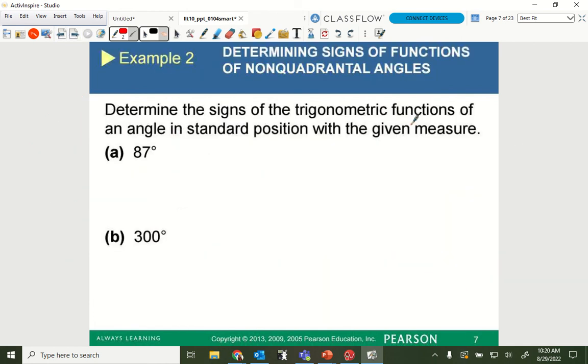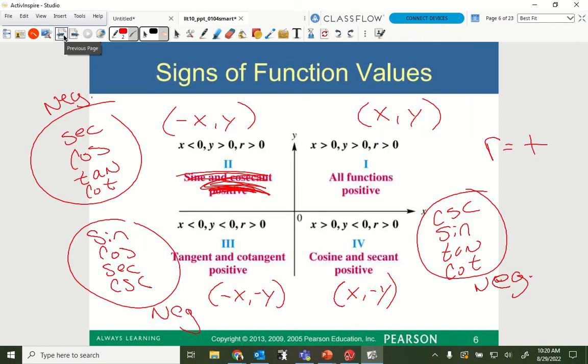Actually, hold on. Determine the sides. Oh, yeah, it's this one right here. Function, angle measure, standard position. So for A, 87 degrees. Where is 87 degrees? What quadrant is that? Quadrant 1, right? If I go back to quadrants and I'm looking by degrees, this one right here is 90.